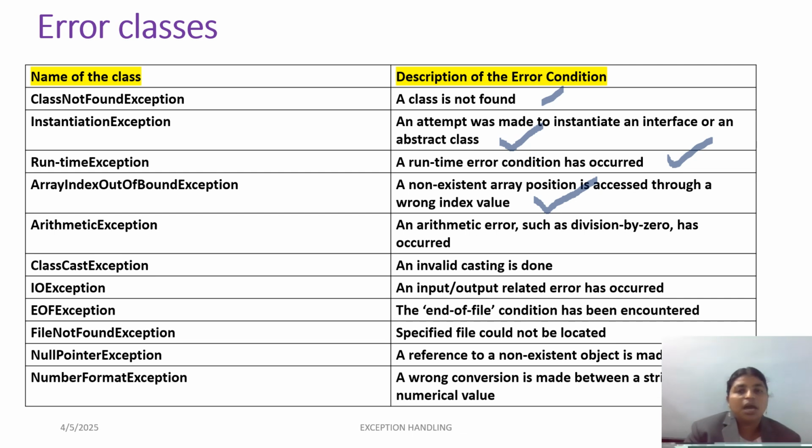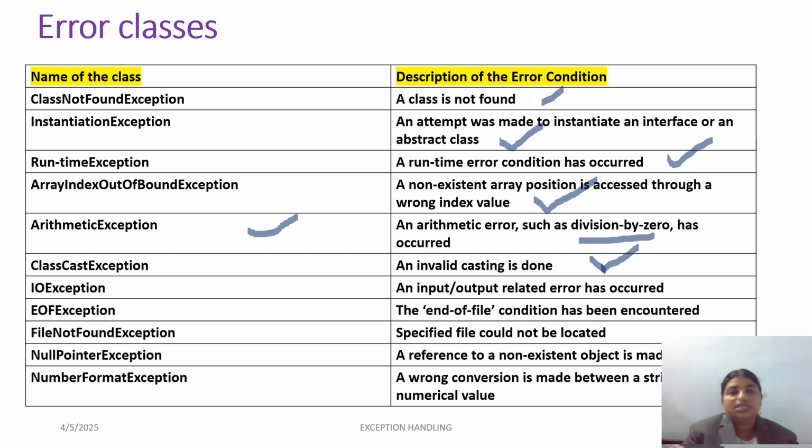ArithmeticException occurs because of any wrong or invalid operations like division by zero. ClassCastException happens because of invalid casting, when we try to convert one class into another class with a different signature.